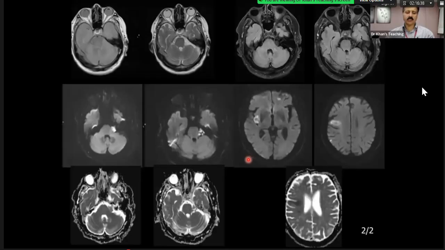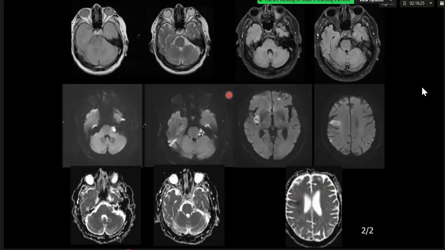On DWI sequence, if you see there is restricted diffusion in that insula which goes superiorly also, there is low ADC. The lesion here, what you saw on CT, can you describe and give us the diagnosis?